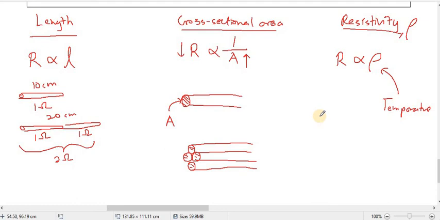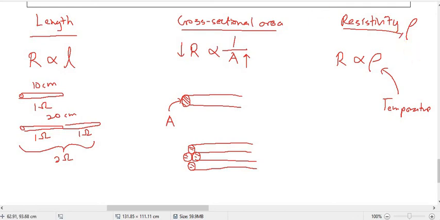So it changes the resistivity of tungsten. Indirectly, it causes the resistance of the tungsten inside the bulb to change. That is why the graph for a tungsten filament bulb is not straight but curved. So a tungsten filament bulb is a non-ohmic conductor. Understand?